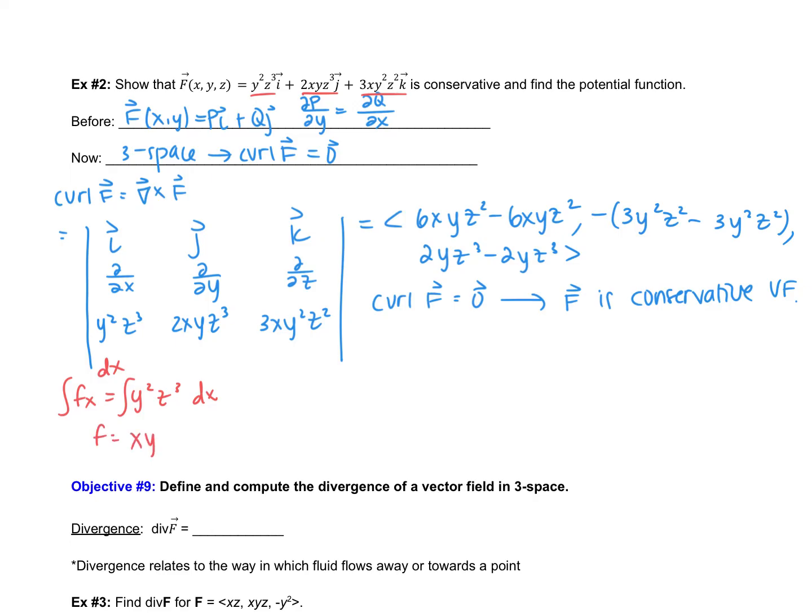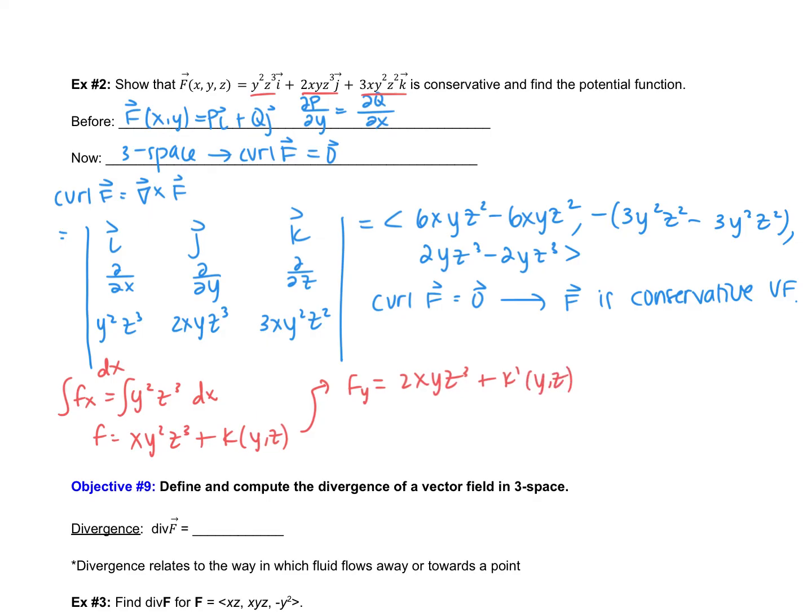So that gives me x y squared z cubed, and then I have some constant in terms of y and z. So now if you remember, what we're going to do is take the derivative with respect to either y or z. I'm going to do y, so this would give me 2xyz cubed, add k prime of yz.